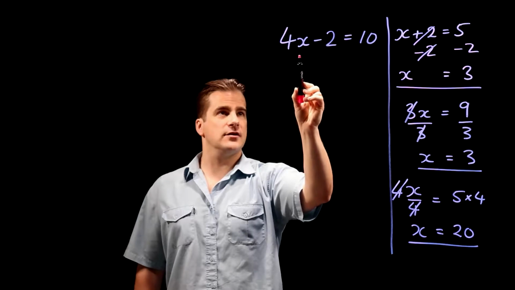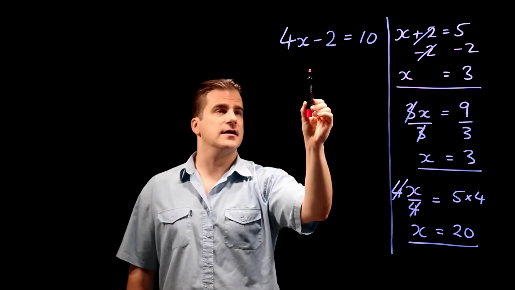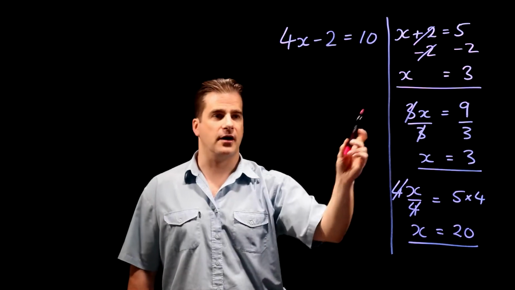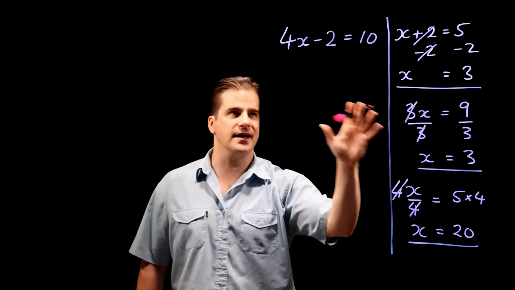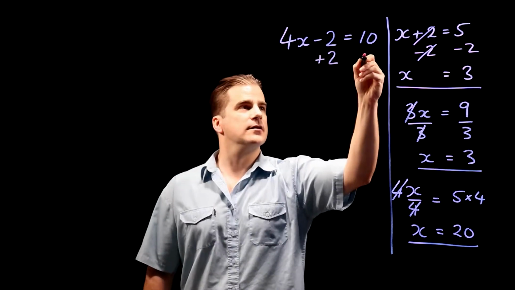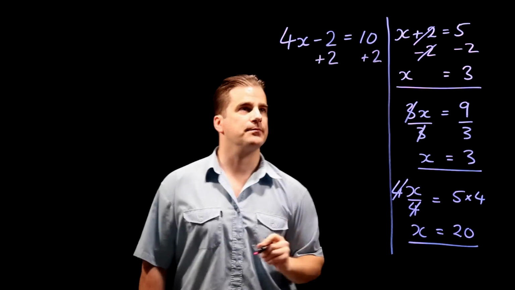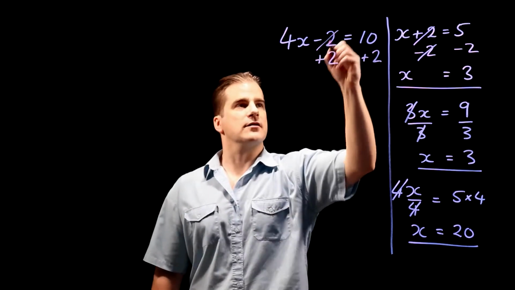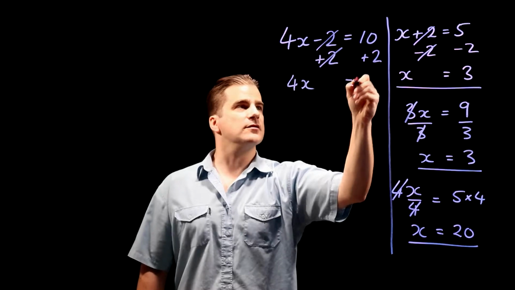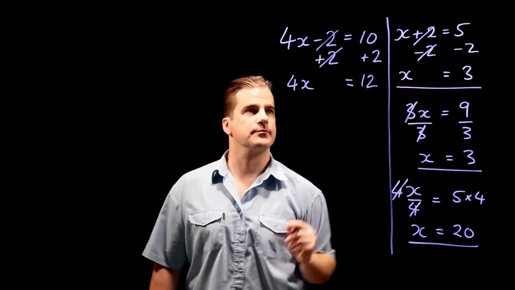The reason I don't want to divide both sides by 4 first is because we'd get minus 2 over 4 there, which is minus a half. It's fine, we could deal with that, but it's just slightly easier to add 2 to both sides first. So let's do that. Minus 2 plus 2 is gone, so we get 4x equals 10 plus 2 is 12.